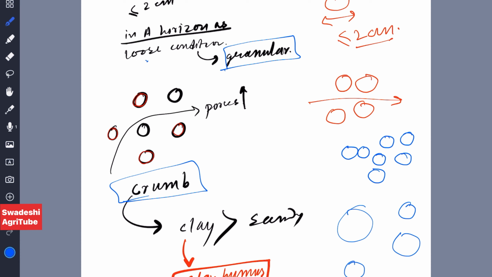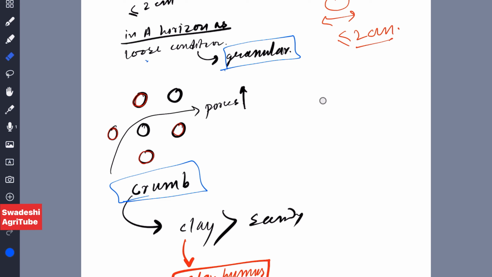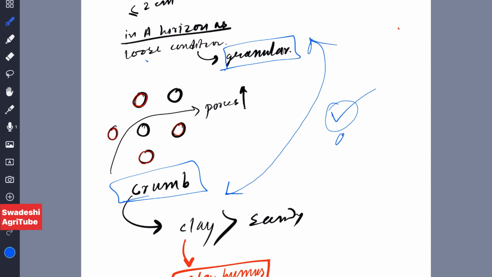Both have high pore space, but granular is loosely aggregated, while crumb-like structure has high pore space. And because of this high pore space, round spherical shape and less surface area, these two, granular and crumb, are best for agricultural purposes, or you can say best for plant growth.